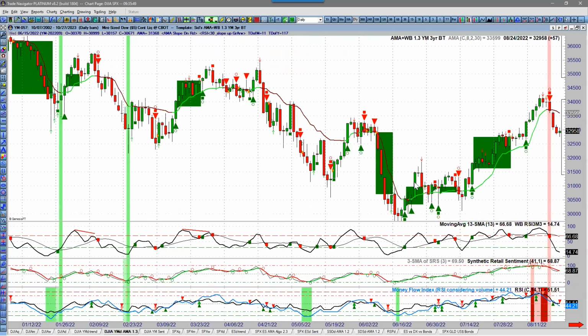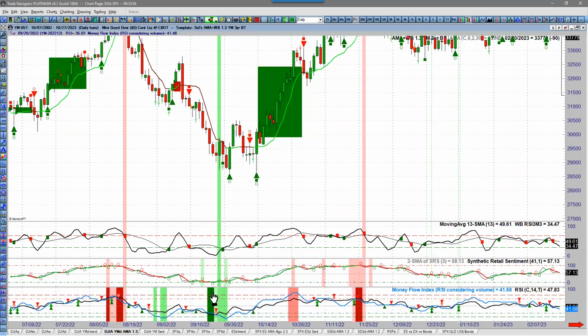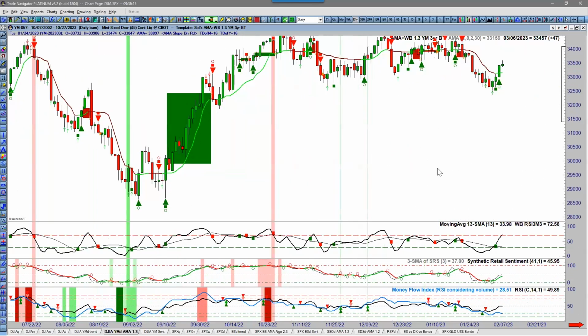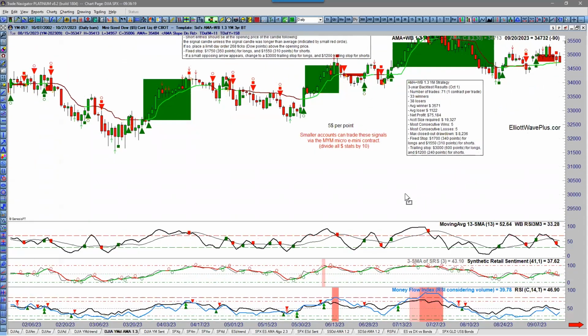Heck, we didn't even see one. Yeah, here we go. It was in late September of 2022. And that pretty much marked a bottoming area that was followed by some pretty solid upward movement. That's the last time we saw one of these little dark green stripes.